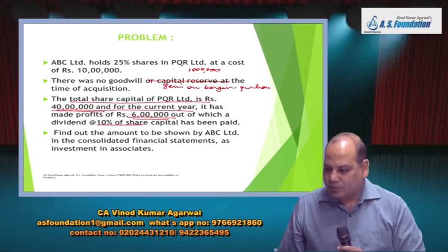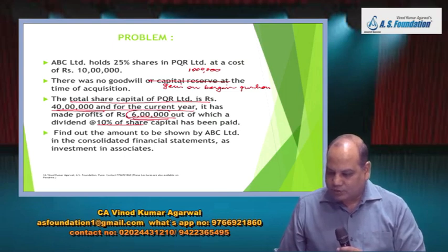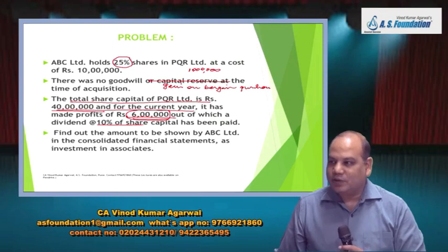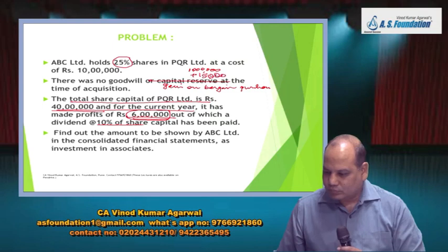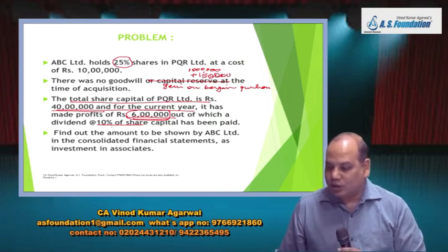So first we will capitalize at cost, 10 lakh. Add share in profit. Profit is 6 lakh into 25%. How much? 1,50,000, add. And then 10% of share capital is paid as dividend. 40 lakh into 10%, 4 lakh.